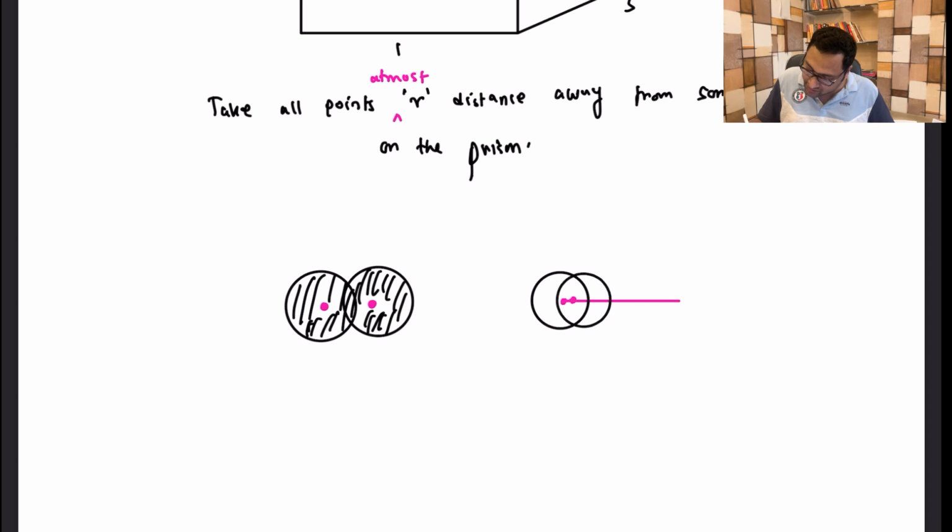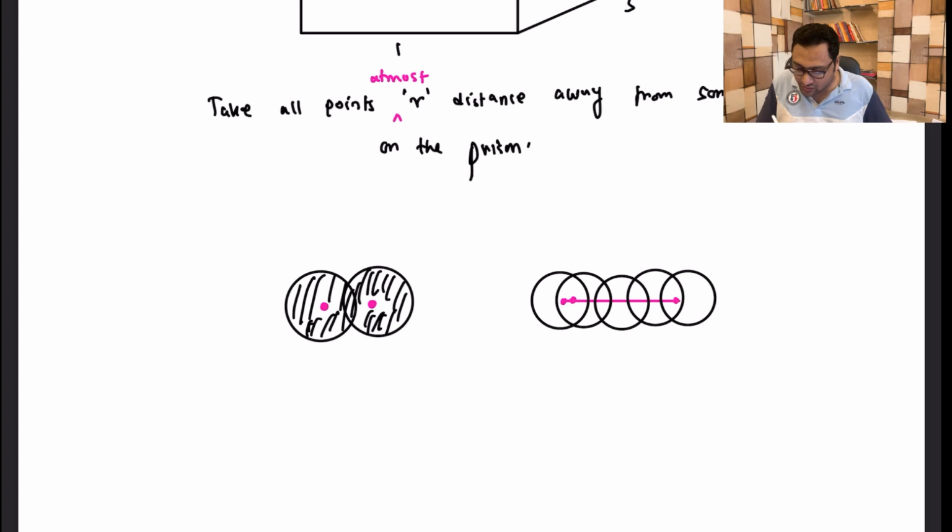So like this, you keep on drawing R disks. There will be a lot of overlaps, of course. But finally, you'll get this tube-like object.